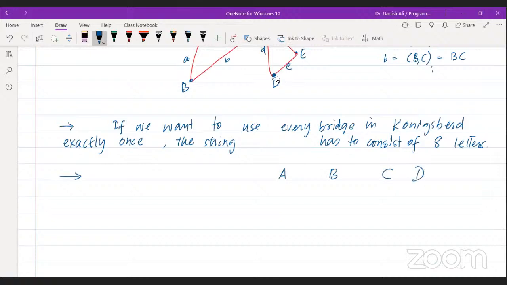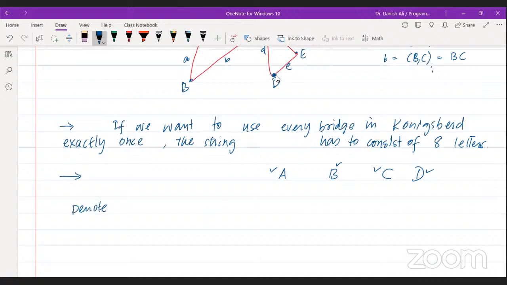So we need to see how many times the letter A is used, how many times B, C, and D are used, if somebody tries to go through all the bridges. Here we denote the number of bridges connected to an area.